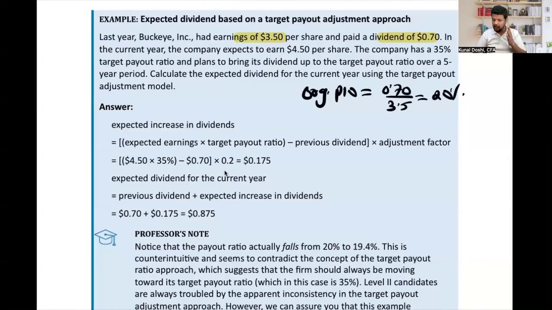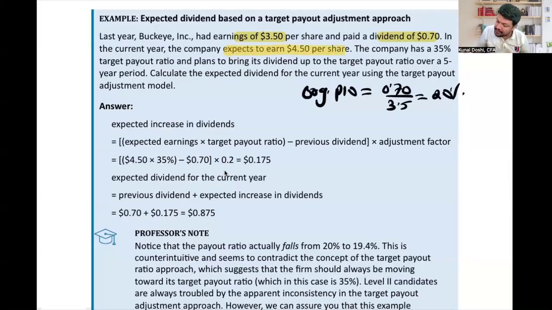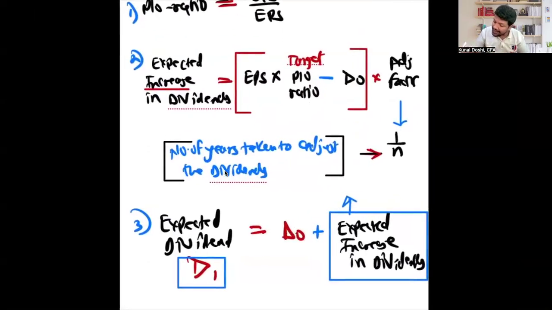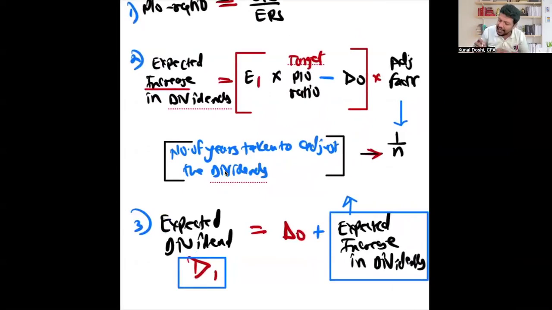Am I correct? Now, they said the company expects earnings to be 4.5 per share. So this is my E1, 4.5 per share. In my formula, when I say EPS, that is next year's earnings. You can just keep it EPS also, but I'll prefer to write E1, next year earnings.